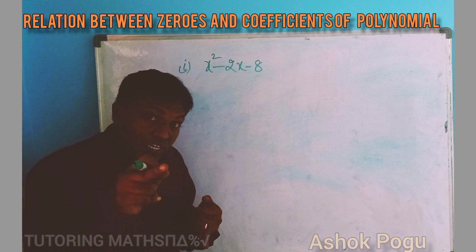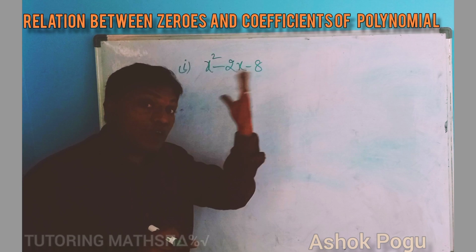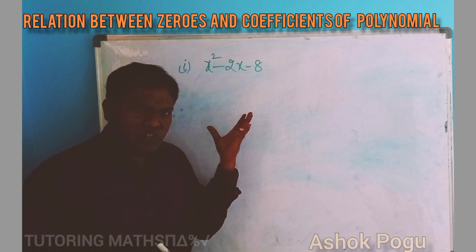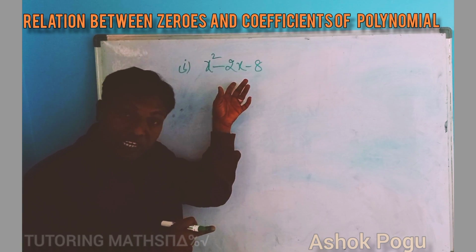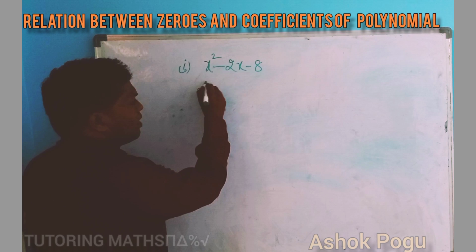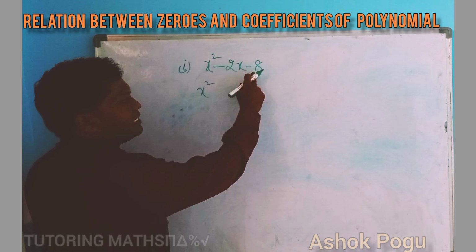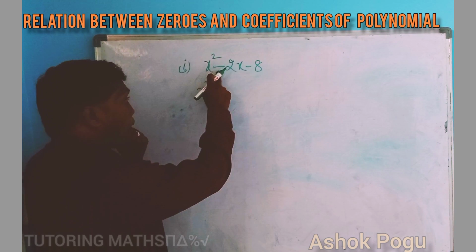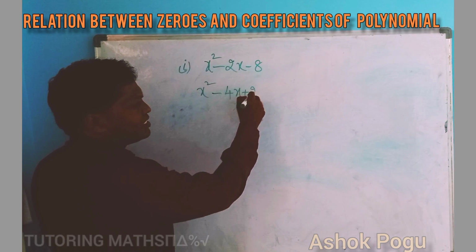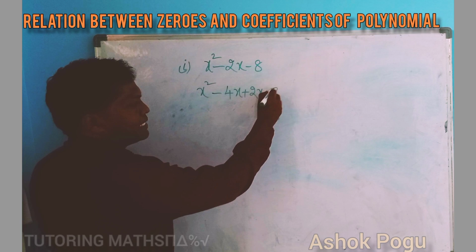If you want to verify the relation between zeros and the coefficients of a quadratic polynomial, first of all you must know the zeros. What would be the zeros of this quadratic polynomial? That we are going to solve now. X square, and here it is minus 8. Minus 2x can be written as minus 4x plus 2x, minus 8.